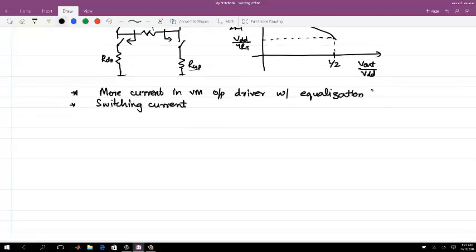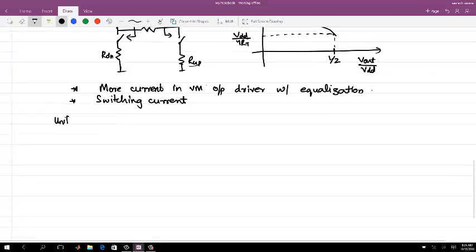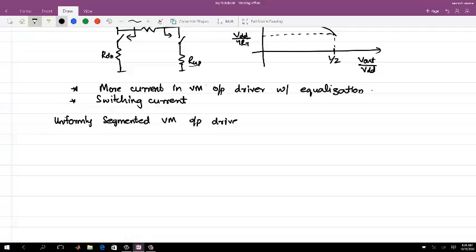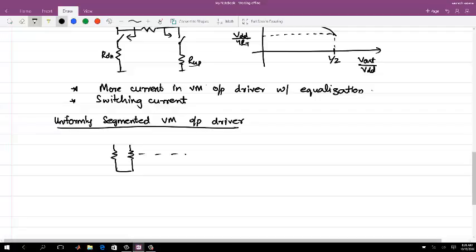So what I do, let's write it as this case is mostly called a uniformly segmented voltage mode output driver, where you use multiple segments, multiple resistances at both.